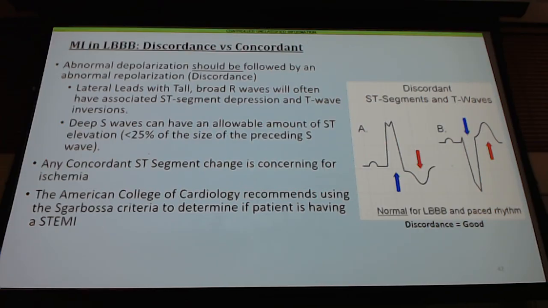But does it make sense that left bundle branch block is an abnormal depolarization, right? We're getting a distortion of the normal ventricular depolarization, right? So does it make sense that if I have an abnormal depolarization, I'm probably also going to have an abnormal repolarization event? I'm not going to go from abnormal to normal, right?